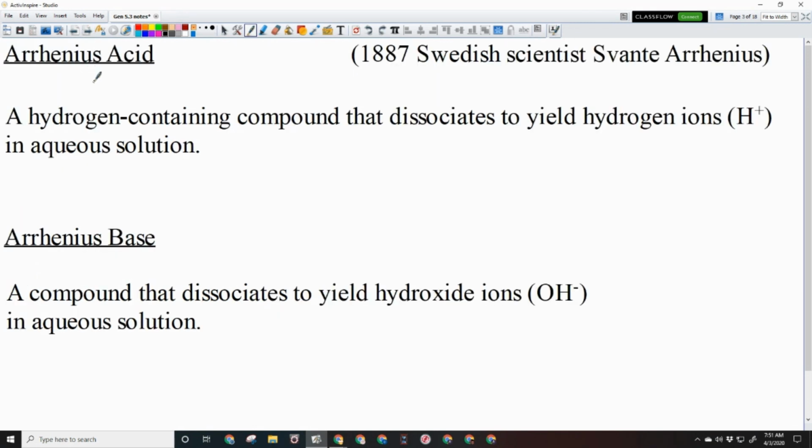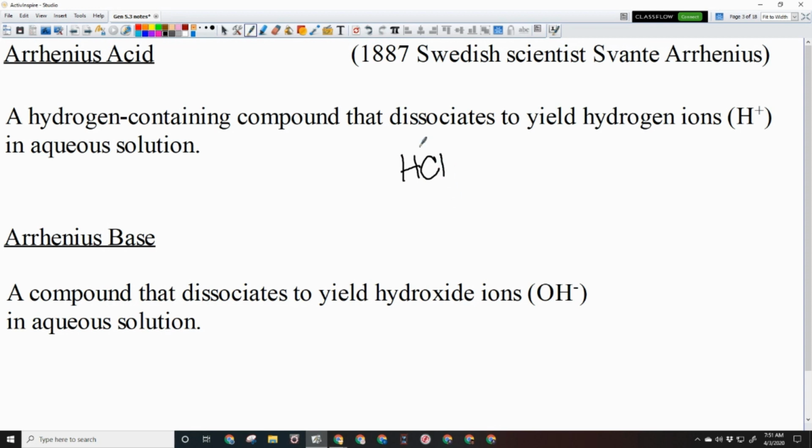So what's the definition of an Arrhenius acid and an Arrhenius base? This was developed in 1887 by a Swedish scientist named Svante Arrhenius. And he said that a hydrogen-containing compound that dissociates to yield hydrogen ions in an aqueous solution is what an acid is. Okay, so let's look at this, a hydrogen-containing compound. We have done formulas for acids, and we know that a common acid is hydrochloric acid.